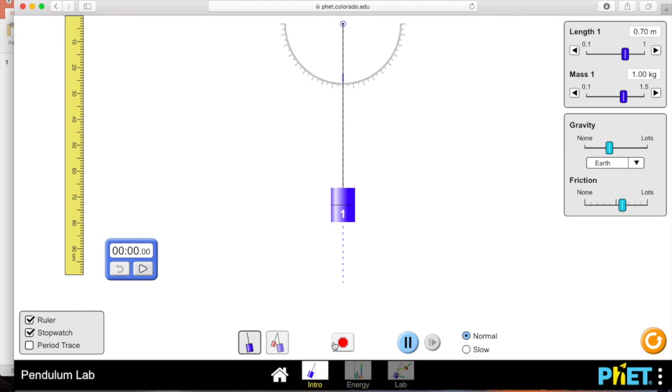A hypothesis is, you guys have probably heard it defined as an educated guess, but really a hypothesis is just a proposed prediction or relationship based on previous observations about what you think might happen. So remember, the question that we're asking right now is, how can we change the amount of time it takes for the pendulum to swing back and forth one time?